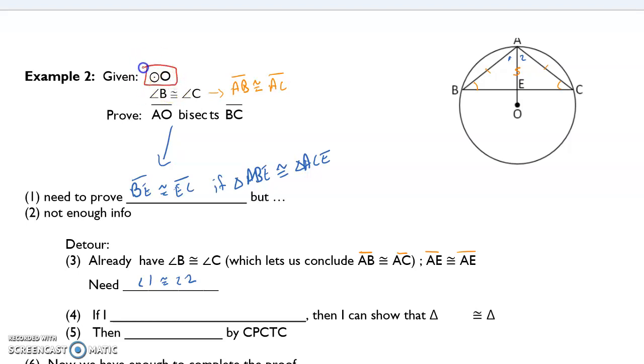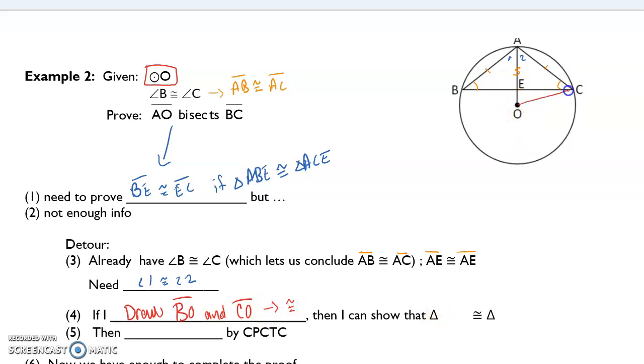Because I have a circle, I can draw segment BO and segment CO. Two points means I have a line, and they're congruent because those are my radii.